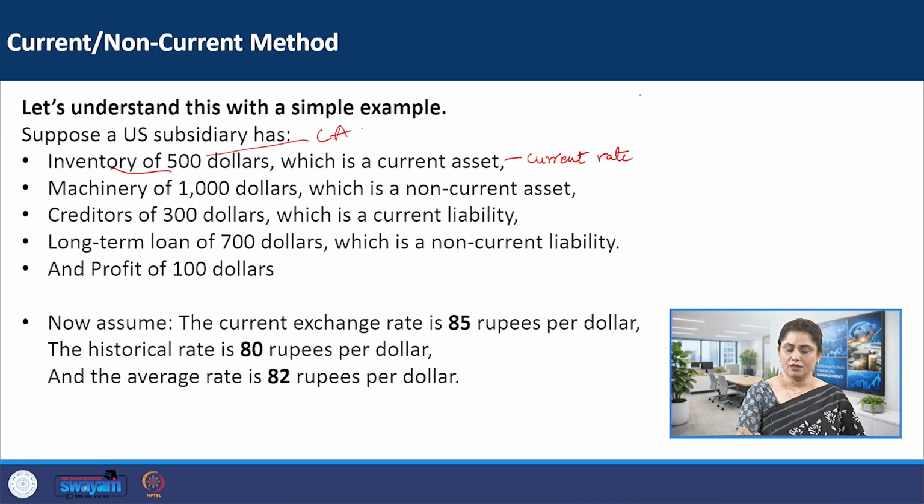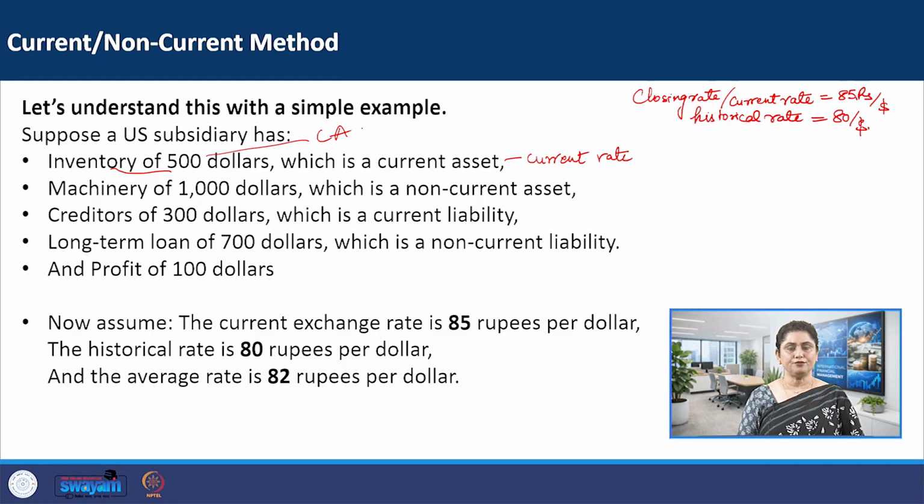Let us say the closing rate, or we can also say the current rate, is equal to 85 rupees and the historical rate is equal to 80 rupees per dollar. Now we have to see where we are going to use the current rate and where we are going to use the historical rate. Since it is a current asset, the value is $500.